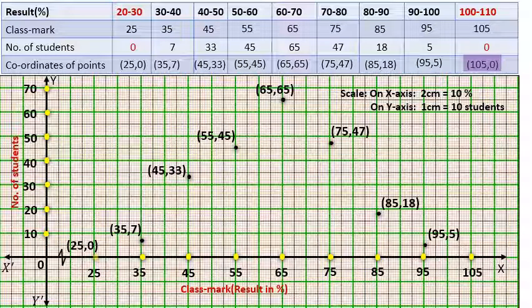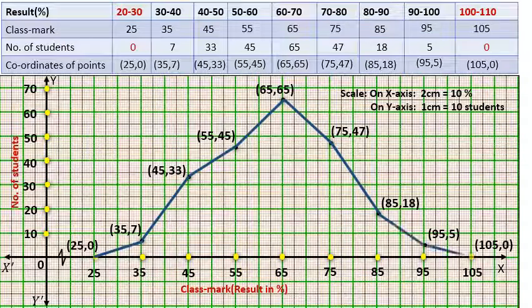The last point 105, 0 has y-coordinate 0, so the corresponding point will lie on the x-axis. Now we join the successive points by straight line segments. The frequency polygon is drawn for the given data.